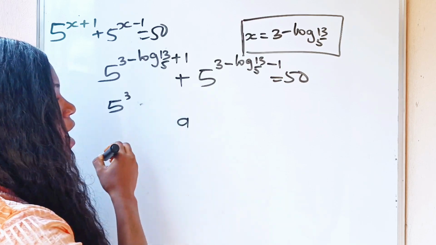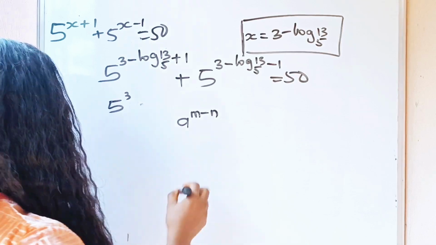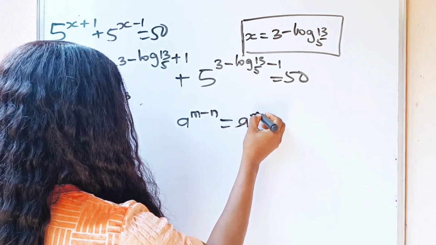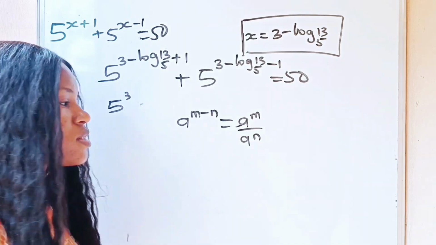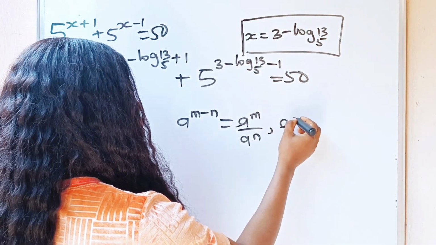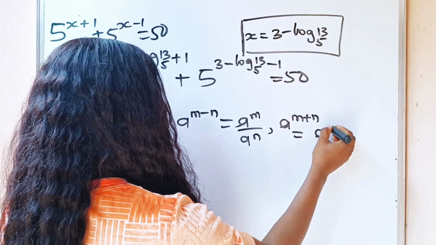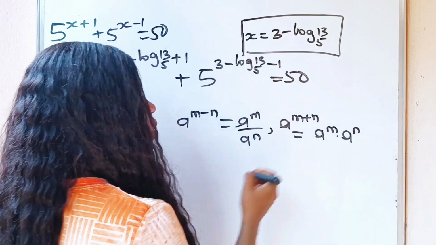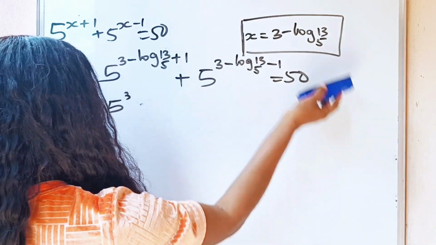But when you have a to the power of m minus n, this is the same thing as a to the power of m divided by a to the power of n. But when you have a to the power of m plus n, this is equal to a to the power of m multiplied by a to the power of n, right? So let us apply that here.